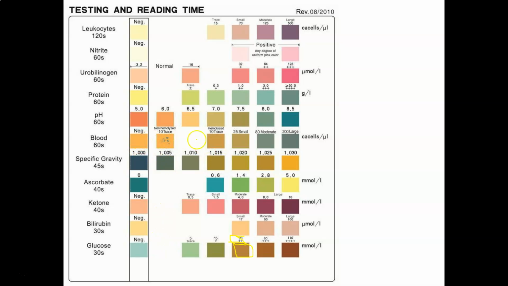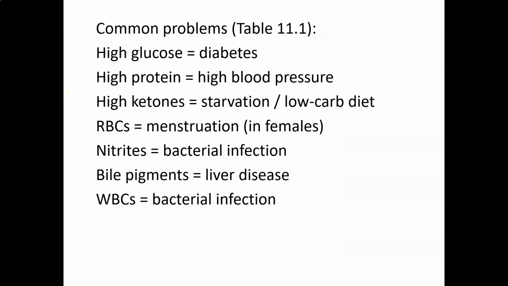And so we're always just comparing what color is the stick after we've dipped it in the urine, and which one of these would we say it is, and then we would record that value. Now, some problems that we can see with a dipstick. If there's glucose present in the urine, it can mean a couple of different things.